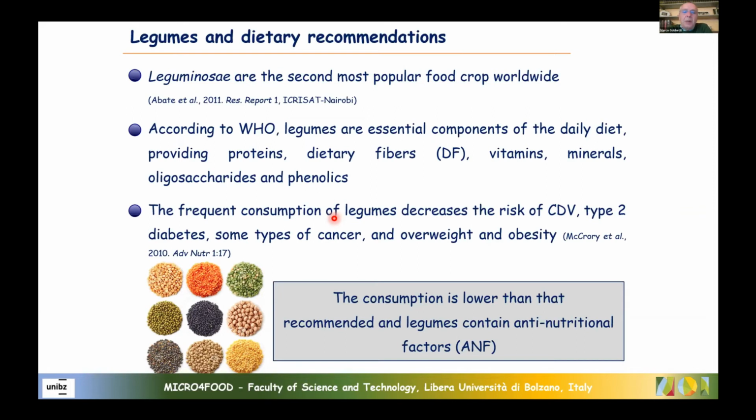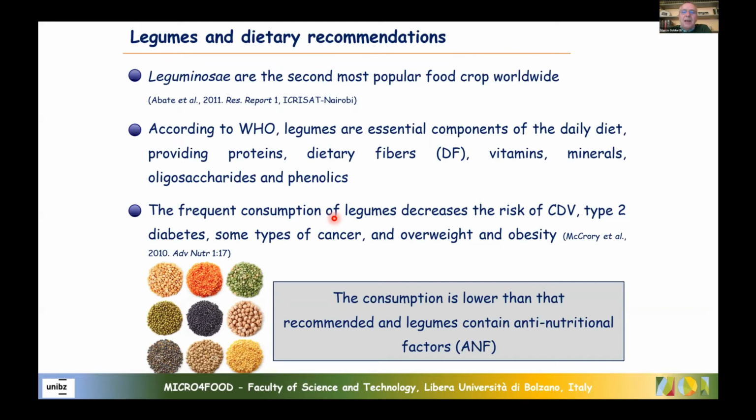And the frequent consumption of legumes decreases the risk of a number of pathologies. I don't want to deepen this aspect. I'm just a food microbiologist. Nevertheless, what we have to say is that the consumption of legumes as they are is too low. Therefore, we have to find a way to increase the consumption of legumes.